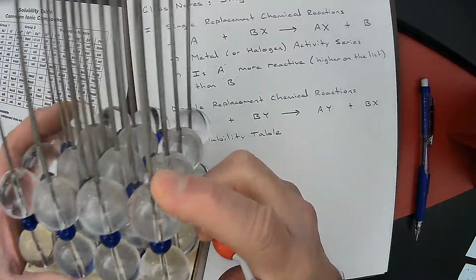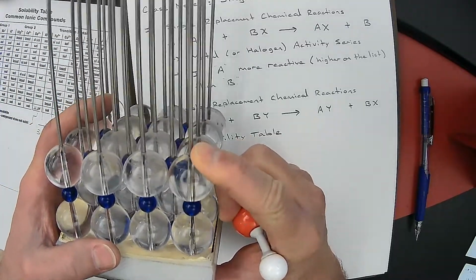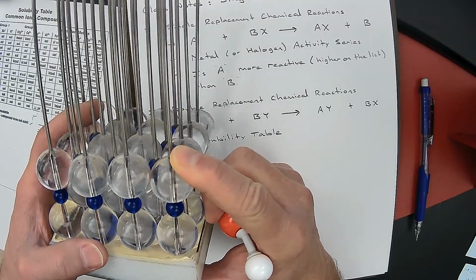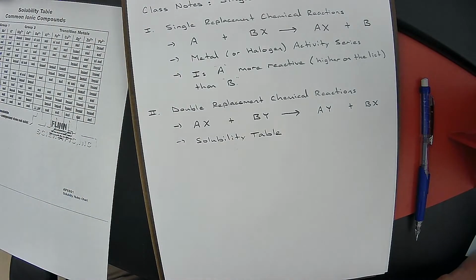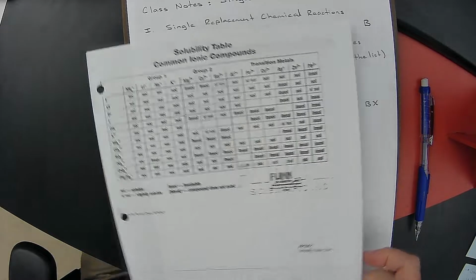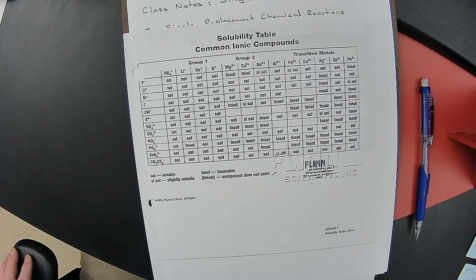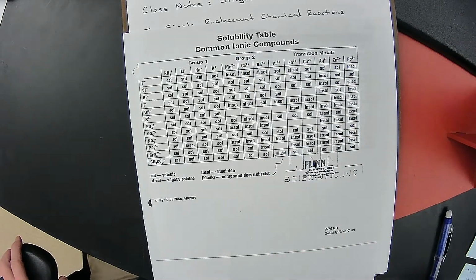If something has dissolved, we say that it is soluble. If it won't dissolve, we say that it's insoluble. We have a chart that will show us whether something will dissolve or it won't, and it's called the solubility chart or solubility table.